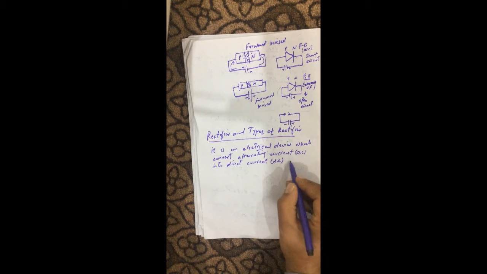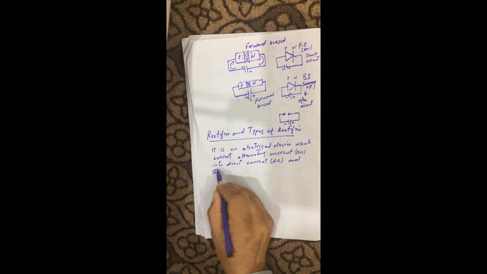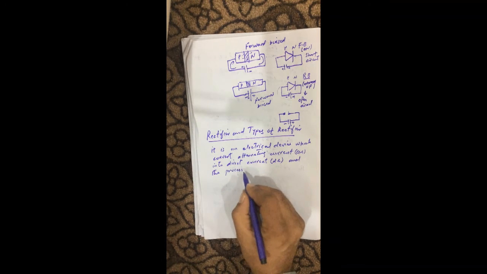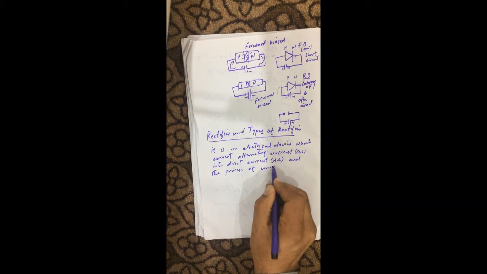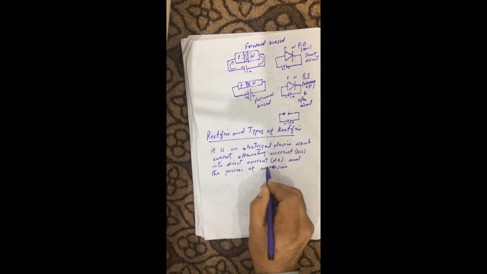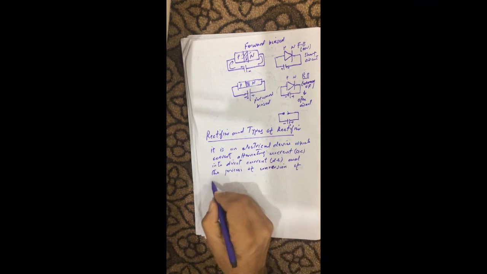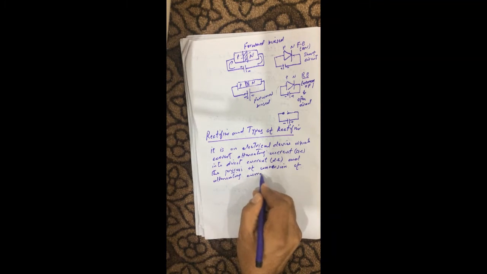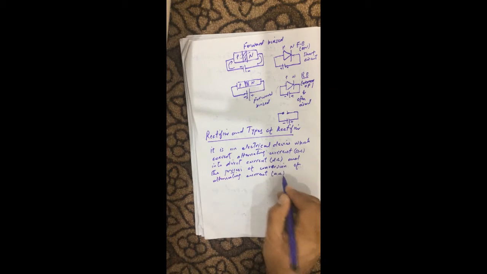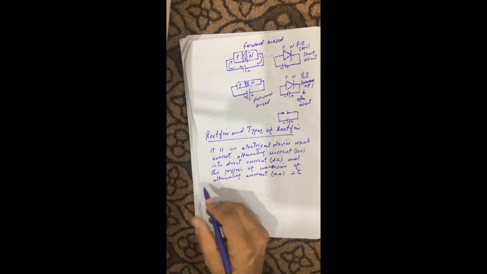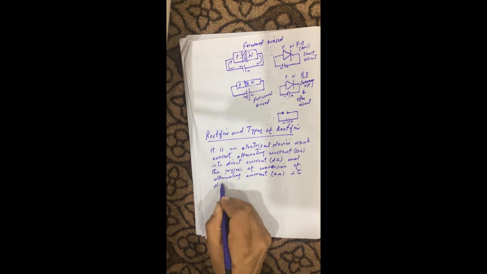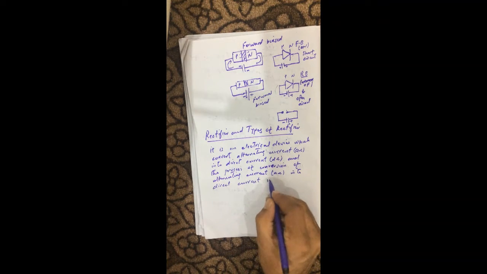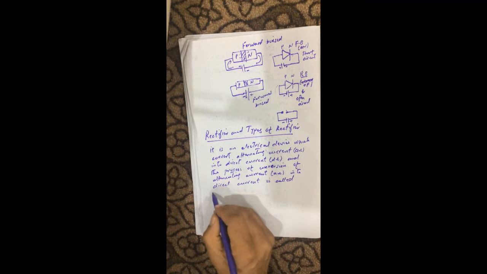And the process of conversion of alternating current, AC current, into direct current is called rectification.